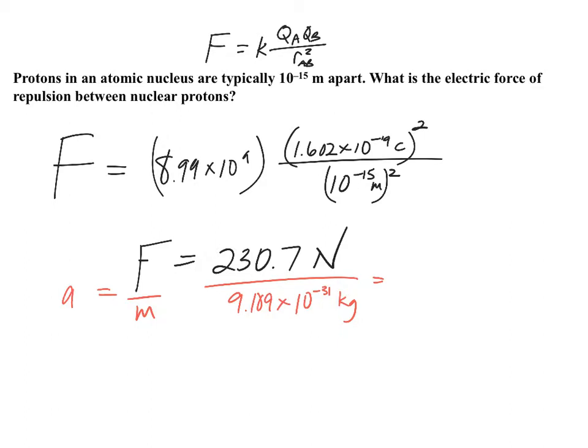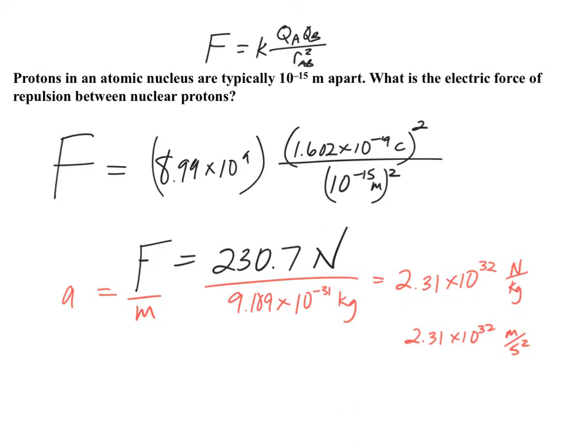You get roughly 2.31 times 10 to the 32nd newtons per kilogram, which would also be the same as 2.31 times 10 to the 32nd meters per second squared, or meters per second every second. Of course, that's much larger than the speed of light.